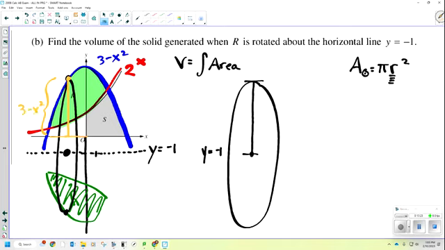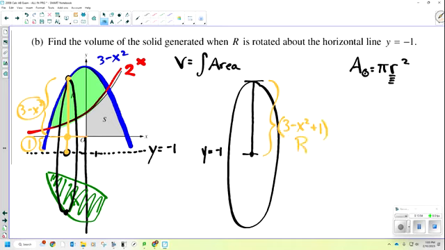But notice, I go down another 1. I don't care that it's negative. Down meaning the direction, that's what the negative stands for. This distance is 1 unit. So I've got to take my 3 minus x squared and add 1 to it. So my radius on the bigger circle is 3 minus x squared plus 1.